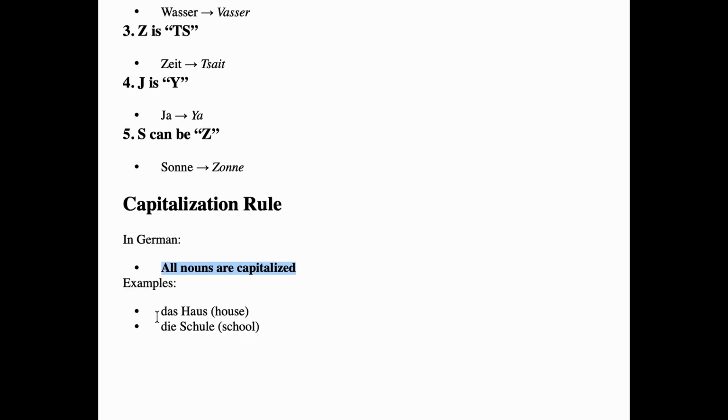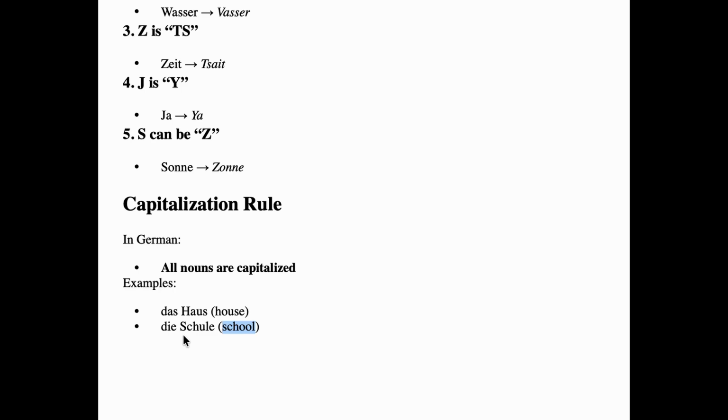For example, das Haus. Haus means house. Die Schule. Schule means school. As you can see here, in Haus, H is capital because it is a noun. In Schule, S is capital because it is a noun. It doesn't matter whether it is a proper noun, common noun, or collective noun. All the nouns will be capitalized.